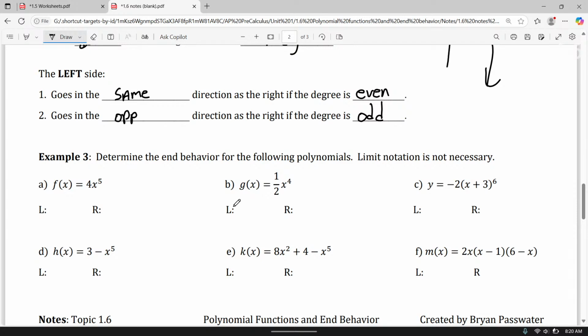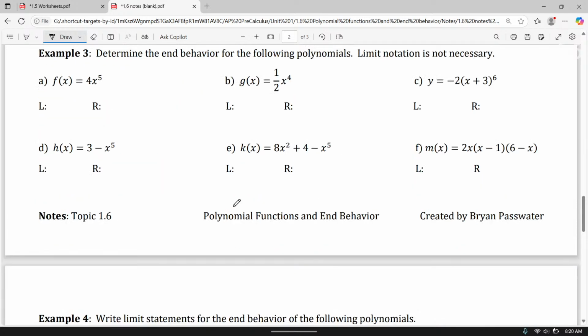Determine the end behavior. So these are different because it's odd. So the right has to be positive and the left has to be opposite because we're going uphill. This is an even degree and it's positive, so it's opening up.